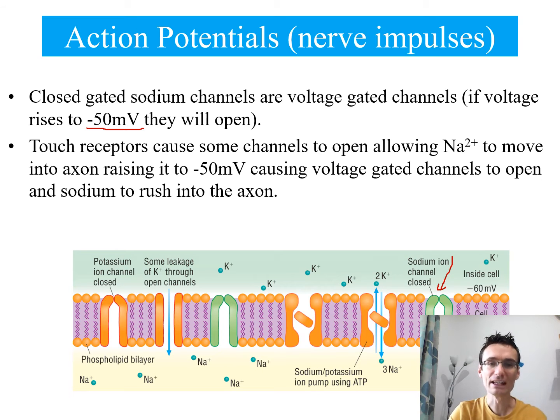So what happens is the sodium channels are forced open. That means that sodium can then, if this was open, rush in to here. Now, if that gets to, let's say, from minus 60 to minus 55, it will just close and there won't be an action potential fired, there won't be an impulse fired.